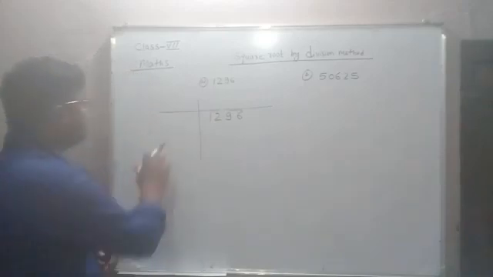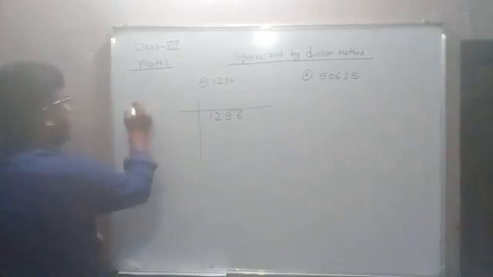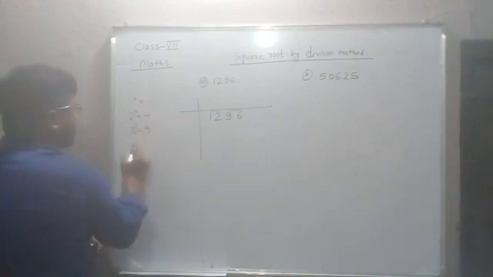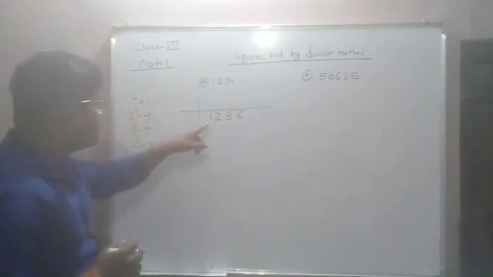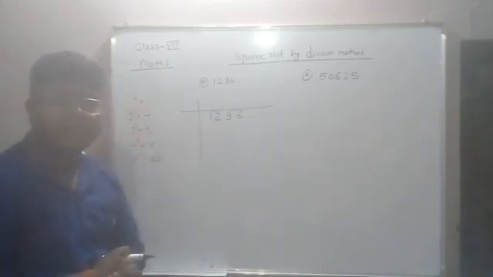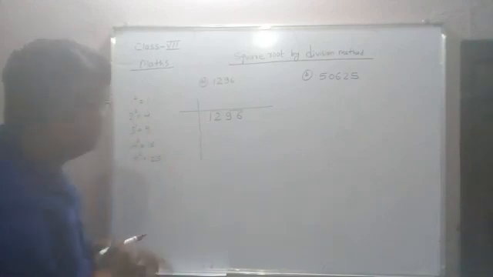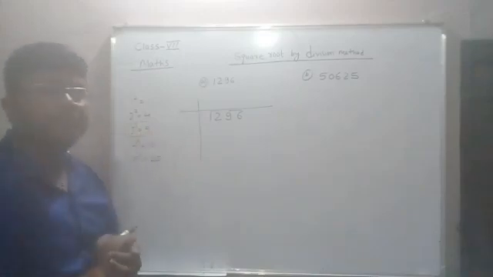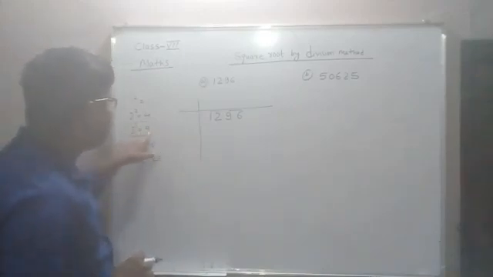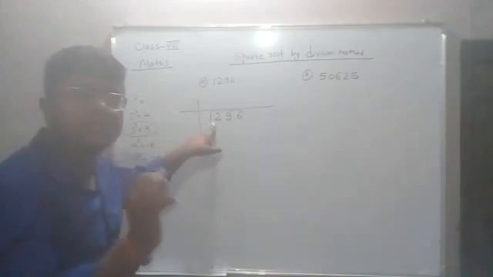The square of 1 is 1, 2 squared is 4, 3 squared is 9, 4 squared is 16, 5 squared is 25. Which one is closer to 12 or exactly equal to 12? Is there any? No. So just smaller than 12 is 9.